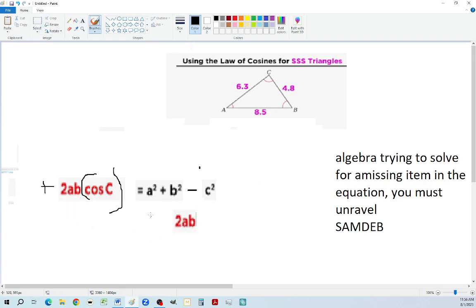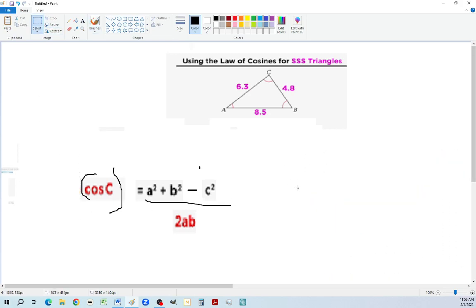You might say, Peter, this is different than what you showed me 2 seconds ago. 2 seconds ago it was c squared minus a squared minus b squared, divided by negative 2ab. You're right.